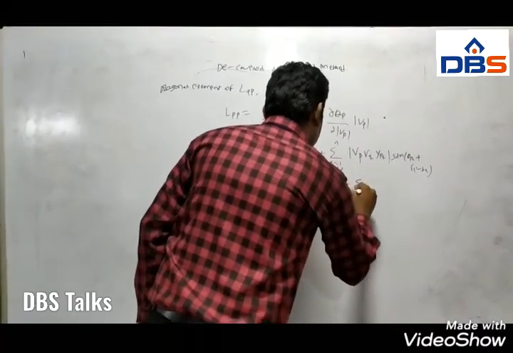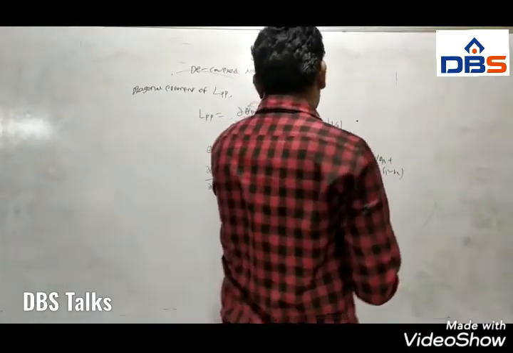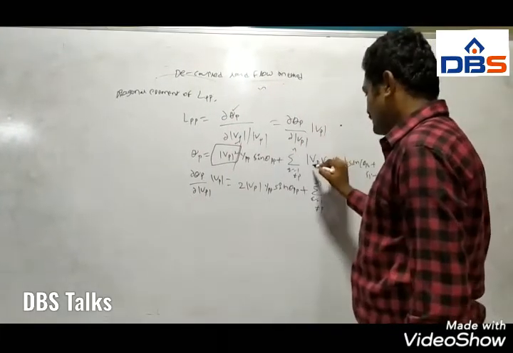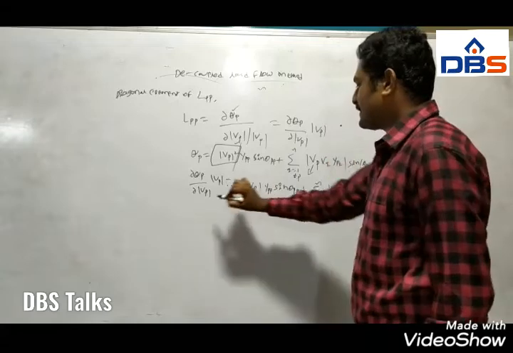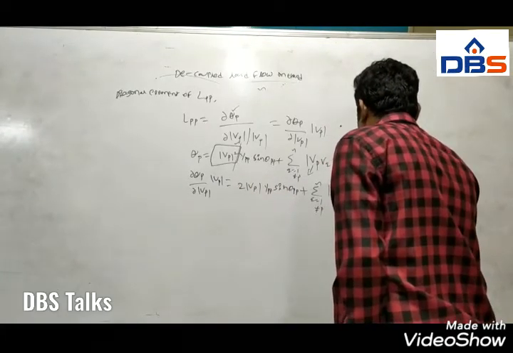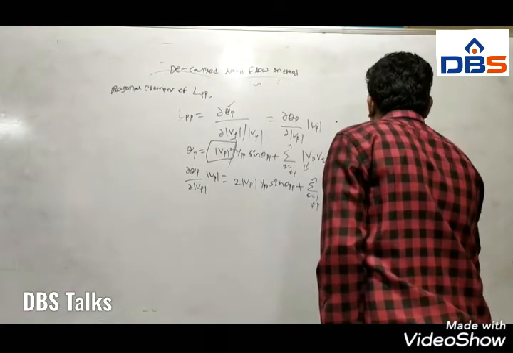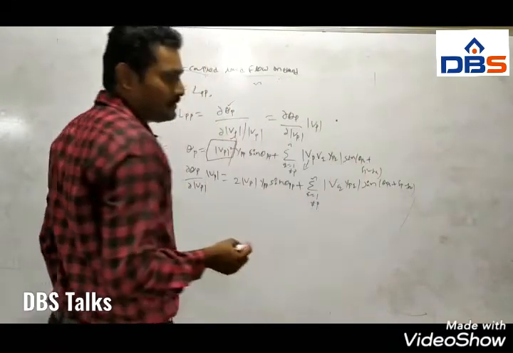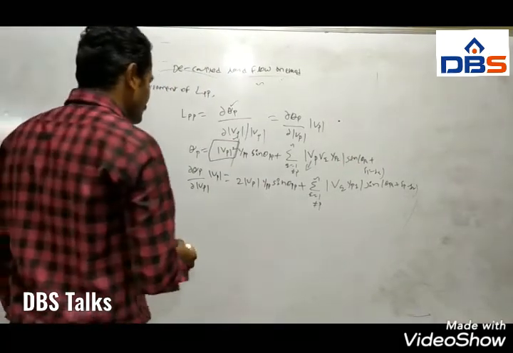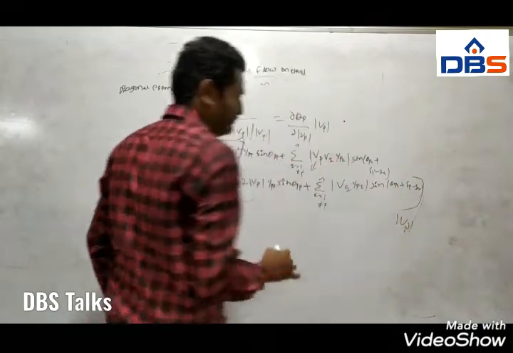sin θpp plus sigma q = 1 to n, not equal to p. Here also we are having Vp, so differentiation of the same term with respect to Vp gives 1. So finally we are having Vq Ypq sin(θpq + δp − δq).